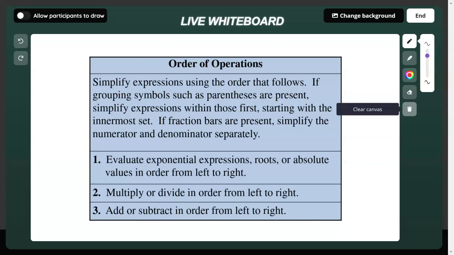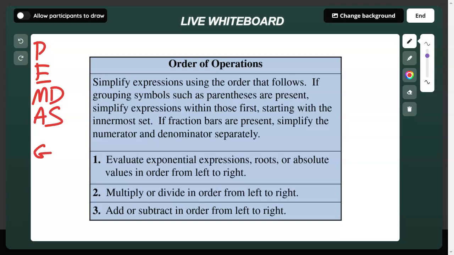Okay. There's a couple different acronyms. You've got PEMDAS. I know some European countries use GEMDAS instead. Grouping.